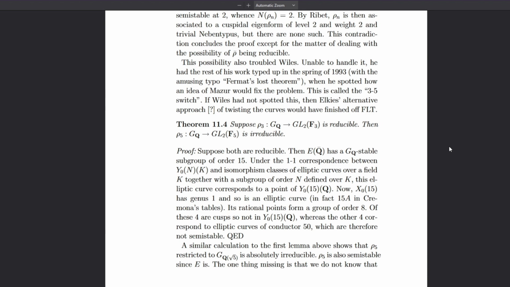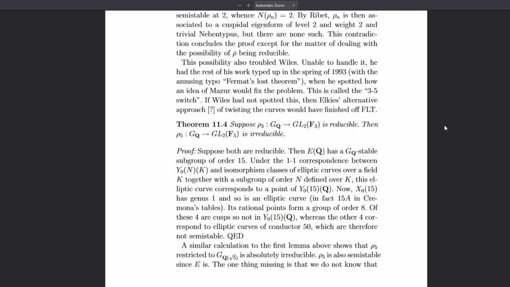Theorem 11.4. Suppose rho_3 from G_Q to GL2 F3 is reducible. Then rho_5 from G_Q to GL2 F5 is irreducible. Proof. Suppose that both are reducible. Then E over Q bar has a G_Q-stable subgroup of order 15.